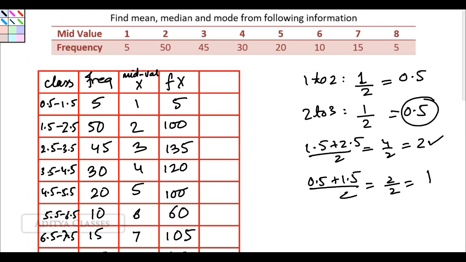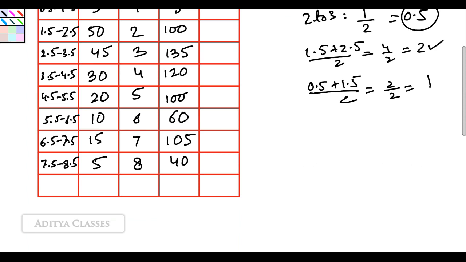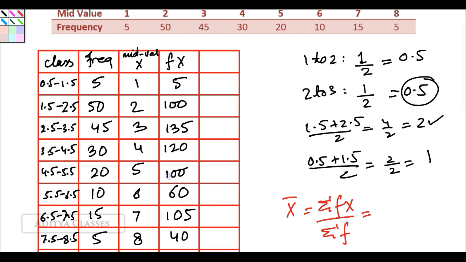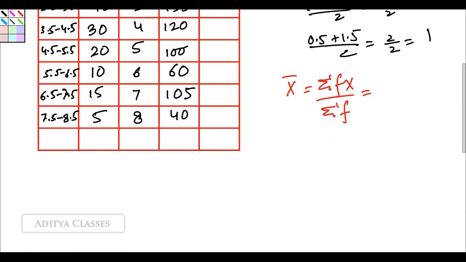So here is fx. What is the formula for mean? Formula for mean is sigma of fx upon sigma of f. So I'll be needing a summation of fx and summation of f. This is fx. Let us find out summation of fx. Let us find out summation of f, so that we can find mean.